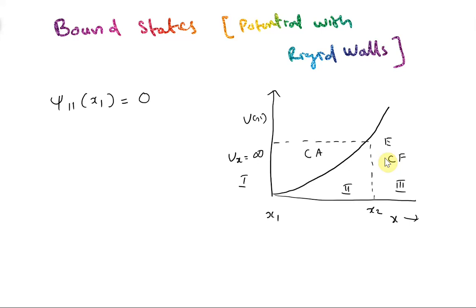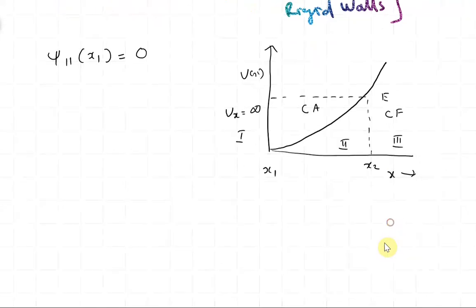In this case, this is a boundary which connects a classically allowed region and a classically forbidden region. So in this place we have to apply our connection formula. Okay, so what is the nature of this wave function at this location, psi 2?